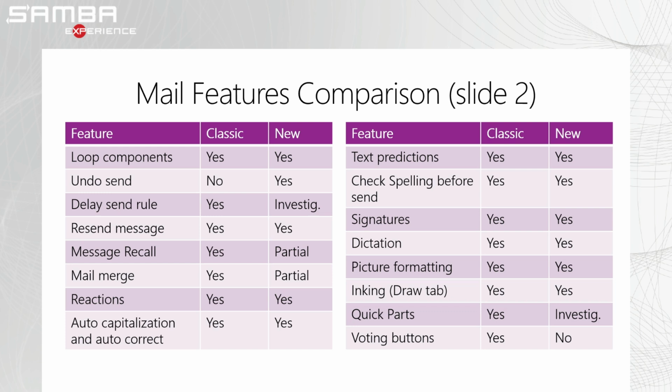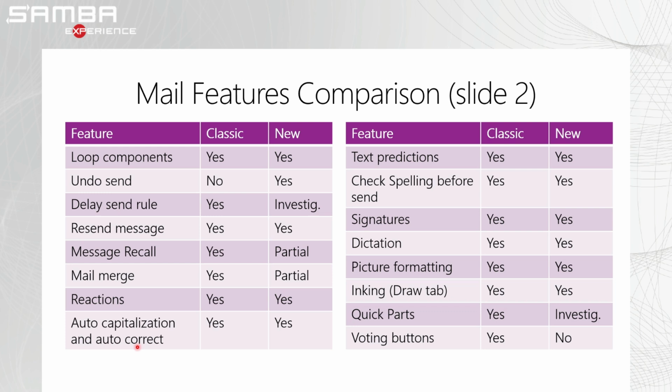On this slide, I want to highlight several features that are in parity. Loop components are important and supported by most clients. Text prediction, check spelling, signatures, and writing features are in the same support by both.